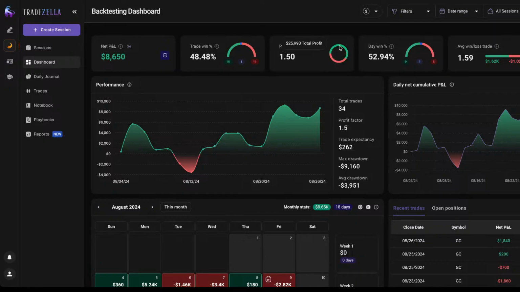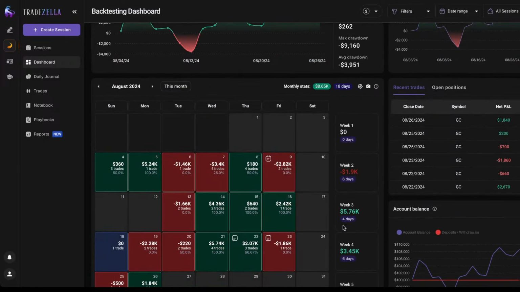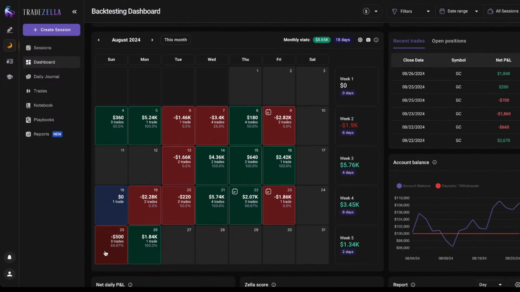Folks, we don't have to win more. We have to lock in our profits and prevent this. We were up on all three trades and we let them go to red. We were up in this trade and we let it go to red.